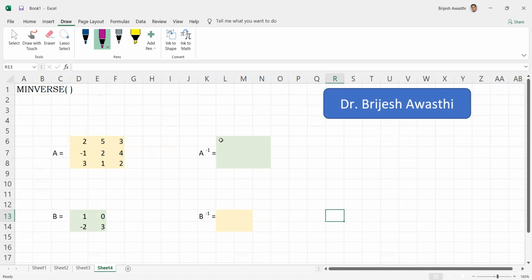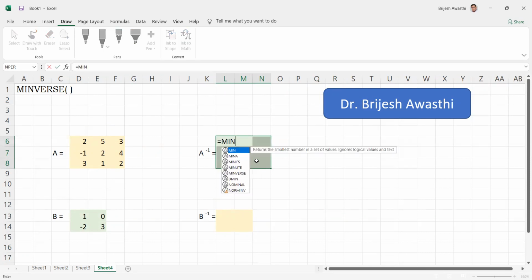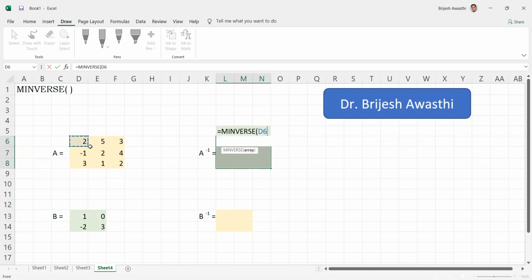You will select the 3 by 3 dimension because your matrix is 3 by 3, and press equals to MINVERSE. The function is MINVERSE. Select the array. Again, because we have to fill all the cells, 3 by 3, you have to press Control and Shift keys both, then press enter.